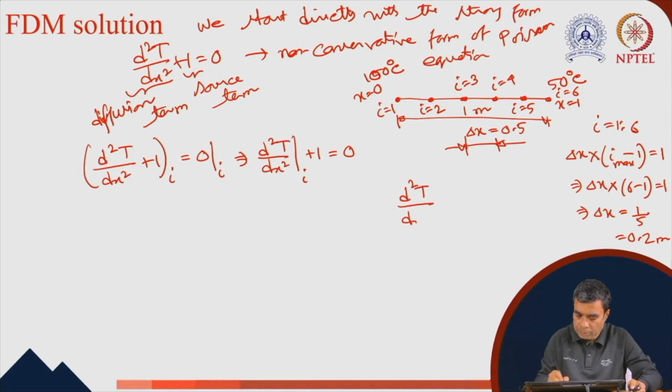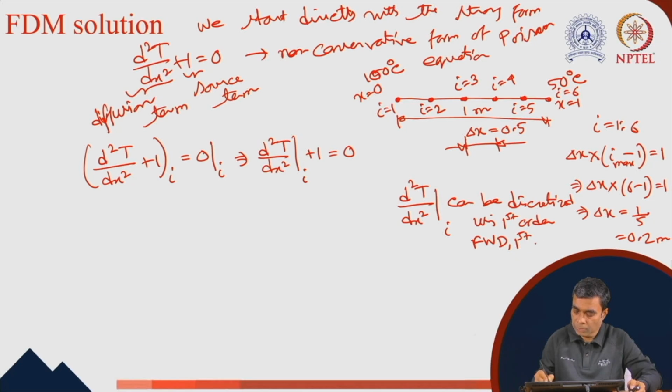Now d2T/dx2 at the ith node we have to discretize. It can be discretized using first order forward difference, first order backward difference, and second order CDS or central difference scheme.